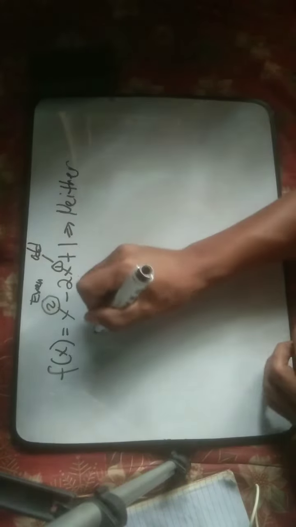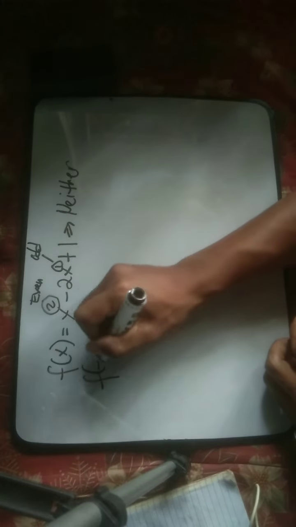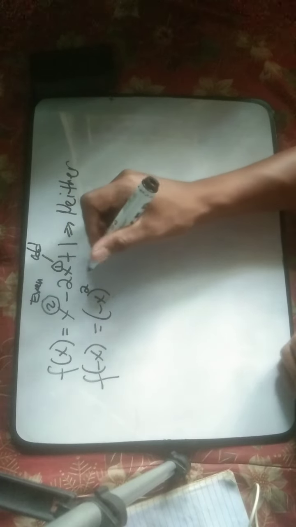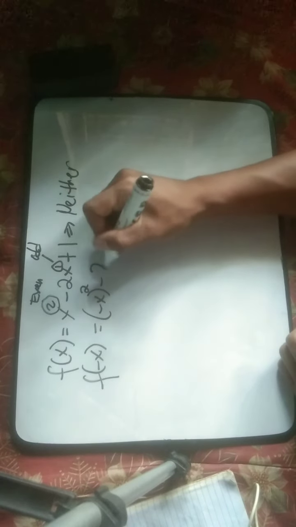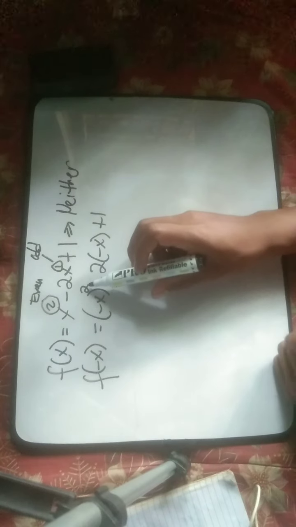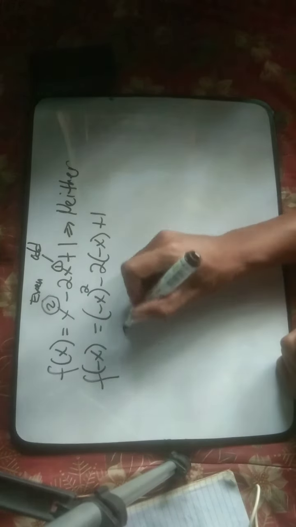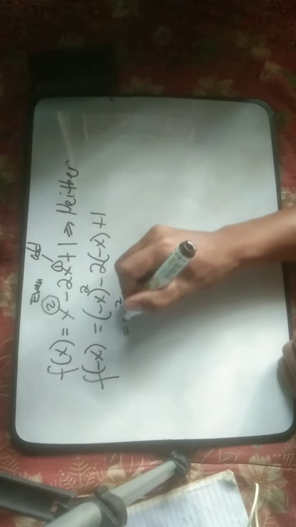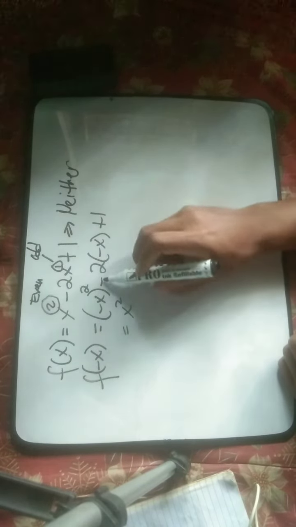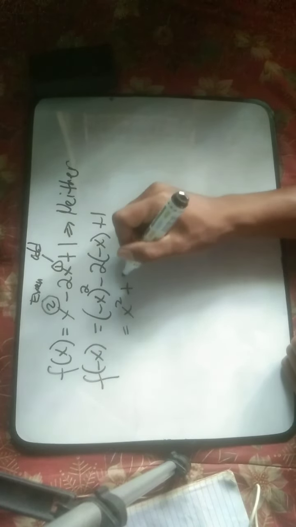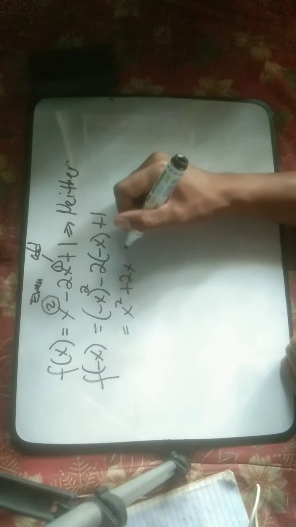Let's try to prove it. Let's plug negative x into the function: negative x raised to the power of 2, minus 2 times negative x, plus 1. Negative x raised to an even power results in x squared, and negative 2 multiplied by negative x is positive 2x, and plus 1.